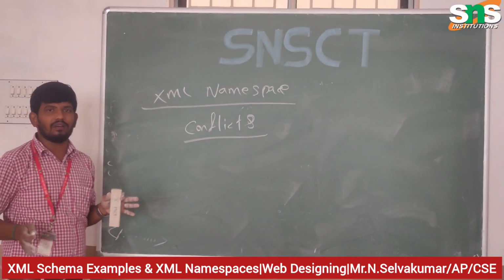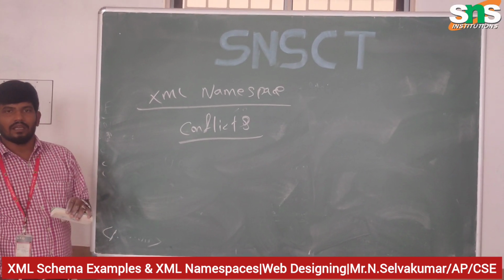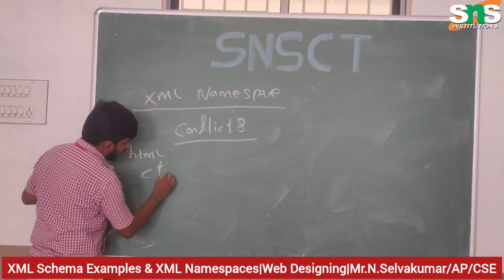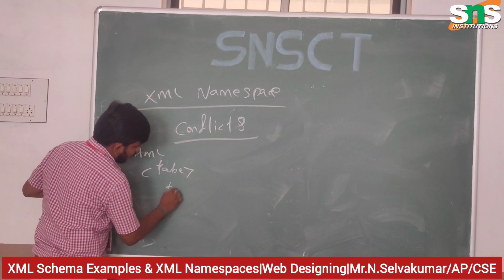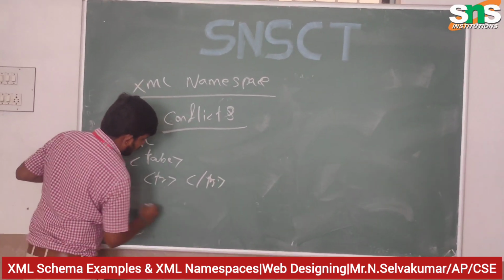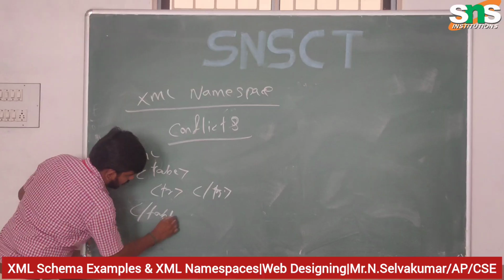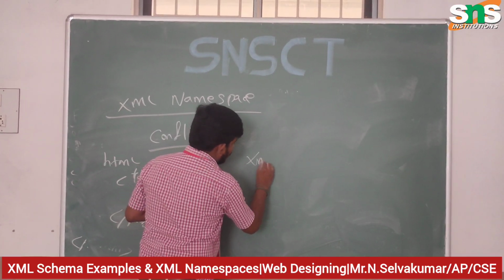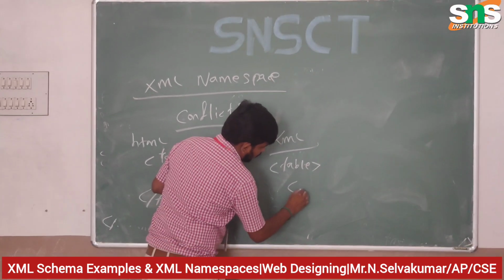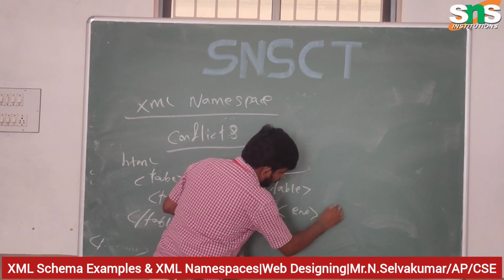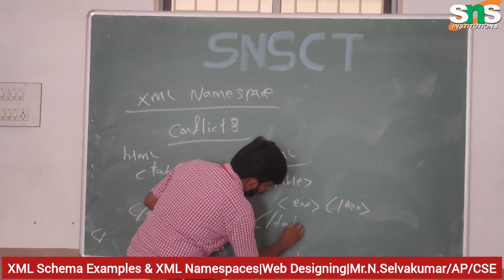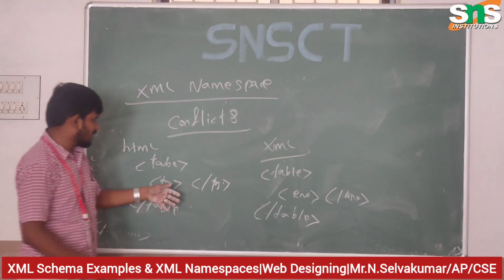Suppose we have an HTML code as well as XML code. In HTML we have a table, and again the table is closed. Again in the XML code we have a table with a register number, and the table is closed.